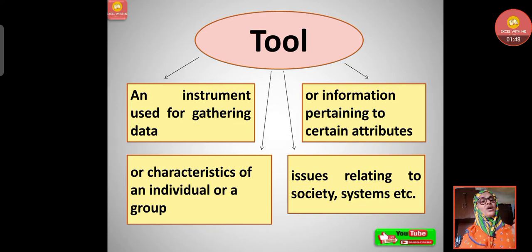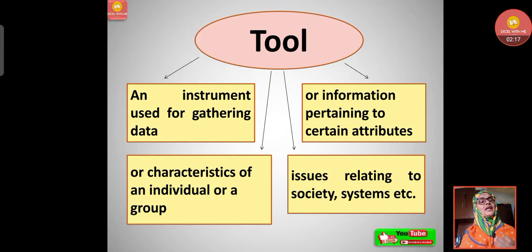That means maybe you are conducting a research on the academic achievement, maybe intelligence, whatever attributes you want to find out or measure. To collect that, you need a tool. For example, you want to measure the intelligence, then you have to obviously use some tool there. Or characteristics of an individual or a group.